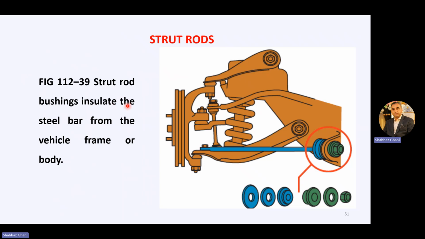The strut rod bushing insulates the steel bar from the vehicle frame or body. This is your strut rod mounted on a lower control arm. Here we have a rubber bushing, and here we also have a rubber bushing.